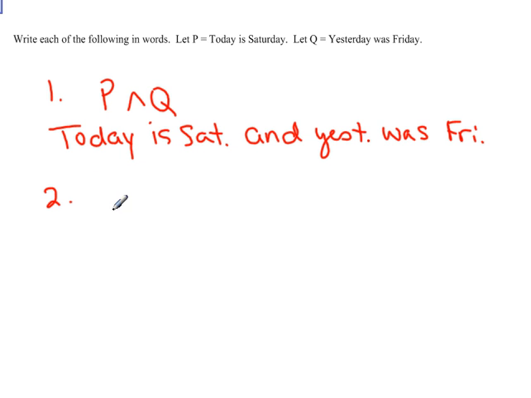Let's try another one, a little bit harder. How about this one? P arrow tilde Q. We'll replace P with what P is. Today is Saturday.